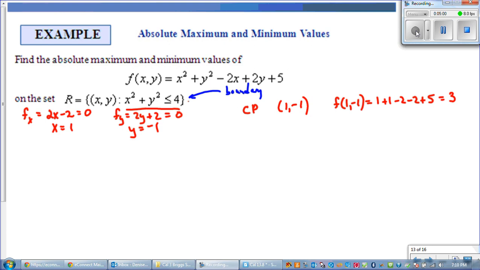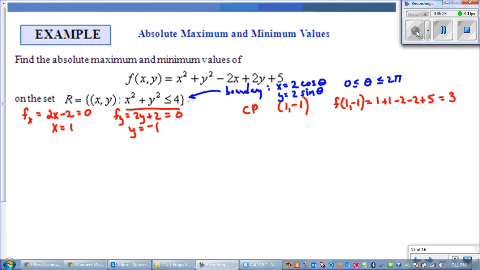So I'm going to define the boundary as x equal to 2 cosine of theta and y equal to 2 sine of theta. And that just defines that circle of radius 2 using one parameter. And theta will go from 0 to 2 pi to create that circle of radius 2.